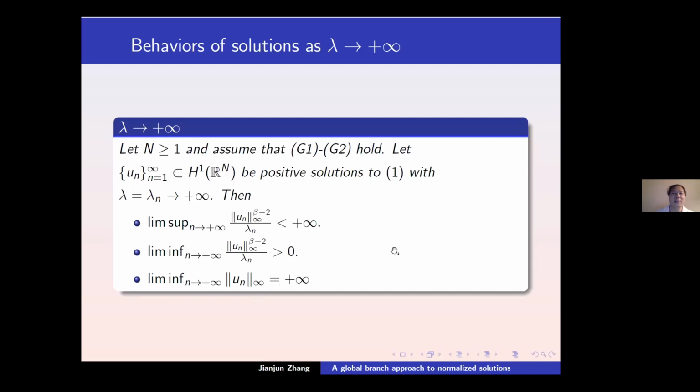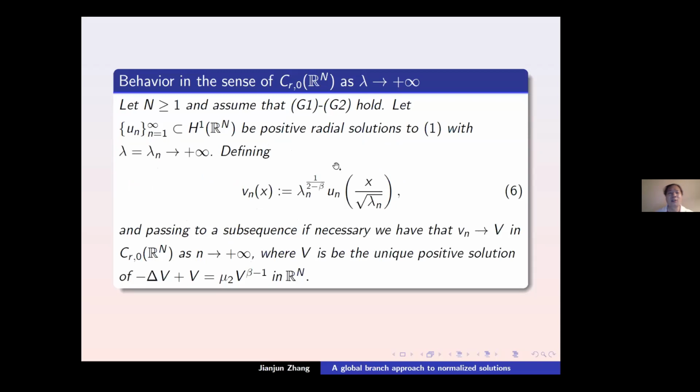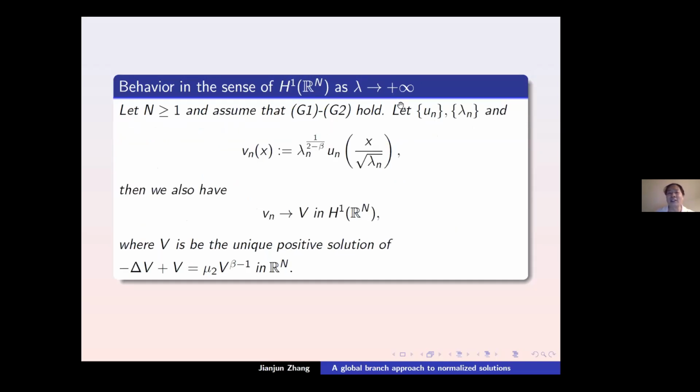Okay, so from these results, we know the limit problems of our problem at 0 or infinity can give the existence or non-existence of normalized solutions. Also, there is a similar result as lambda goes to plus infinity in the C^0 space and H^1 space.